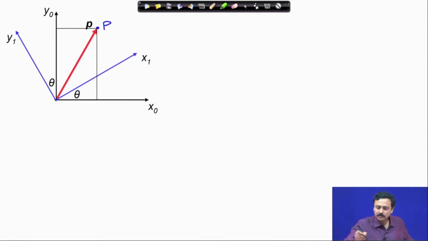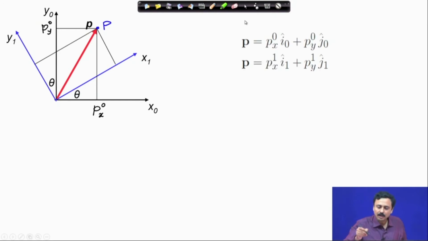What I want to determine is this: p x represented in frame 0 and p y represented in frame 0, in terms of p x represented in frame 1 and p y represented in frame 1.